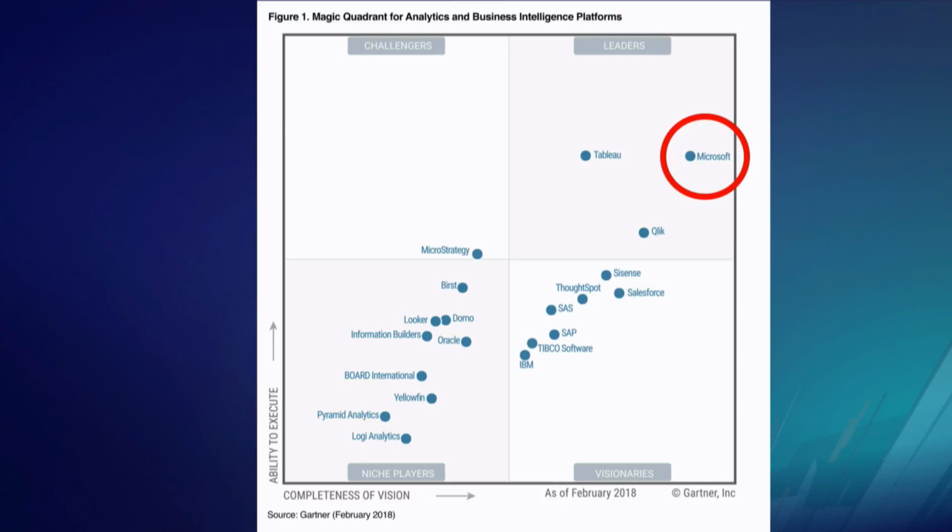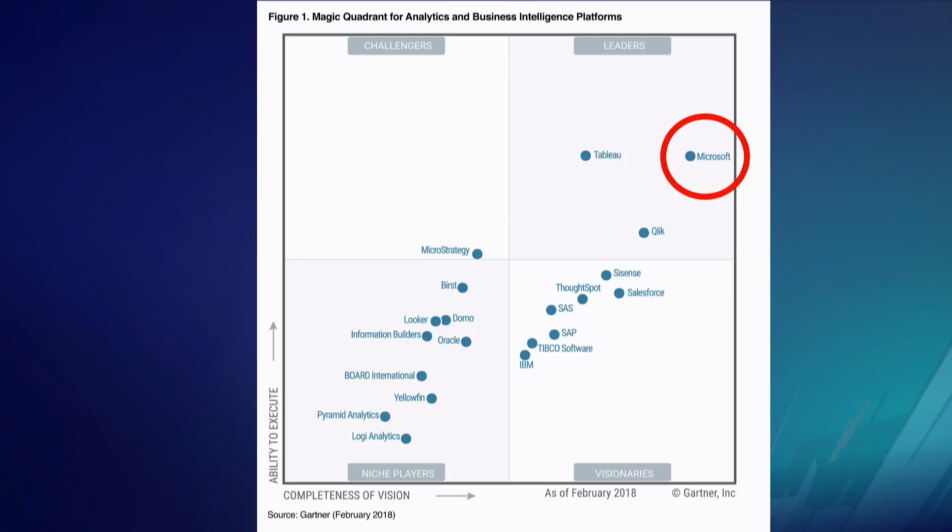And so if we look at this, we can see that along the bottom, we've got the completeness of vision. So as you move from left to right, these players are ranked as to how complete their vision of BI is. And so as you go from bottom to top, you'll see on that axis the ability to execute. So how capable are these organizations for actually executing that vision that they're being ranked on?